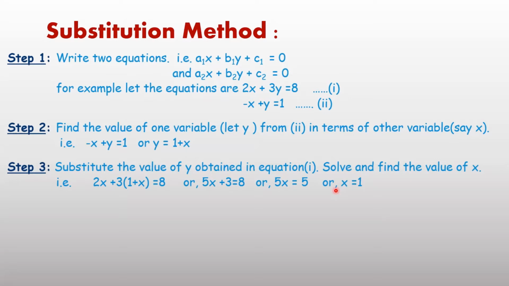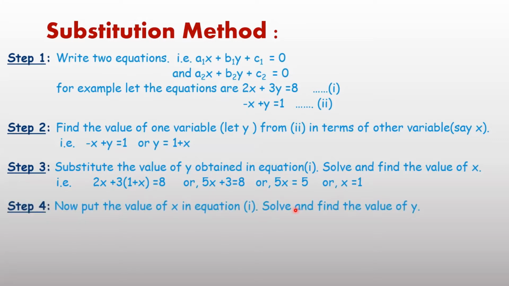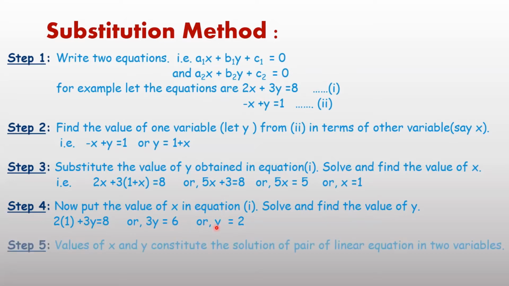In this step, you are getting the value of x. Now next step: put the value of x in equation first and solve for y. In equation first, 2x + 3y = 8. In place of x, write 1. 2 into 1 plus 3y = 8, or 3y = 6, or y = 2.